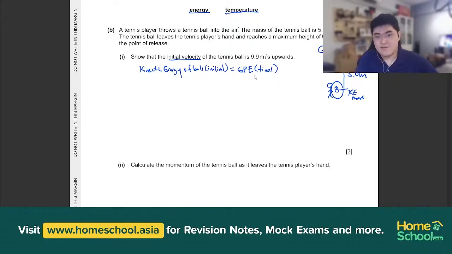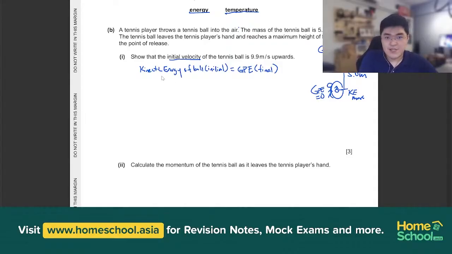Long story short, over here, kinetic energy is maximum. When it reaches the top, kinetic energy is 0 because it converts completely into GPE. Same thing here, GPE is 0 at the start, but when it reaches the top, the GPE is the max, because all the kinetic energy is converted into GPE, right?